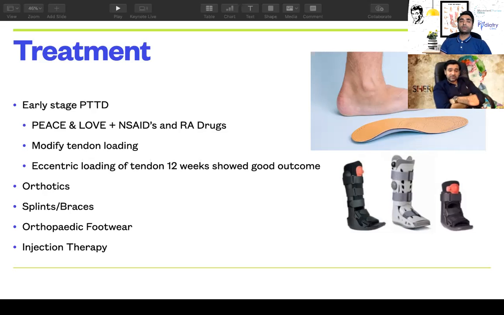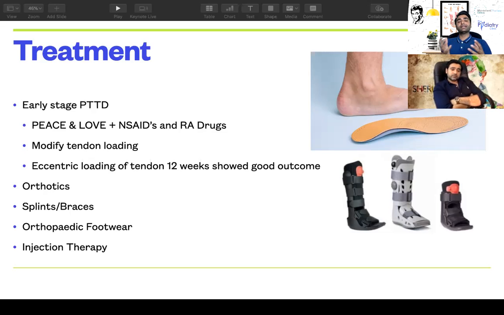So the justification I generally use is that if their inflammation or their arthritis or disease control is not very good, then further loading that tendon is going to be a problem. Okay.